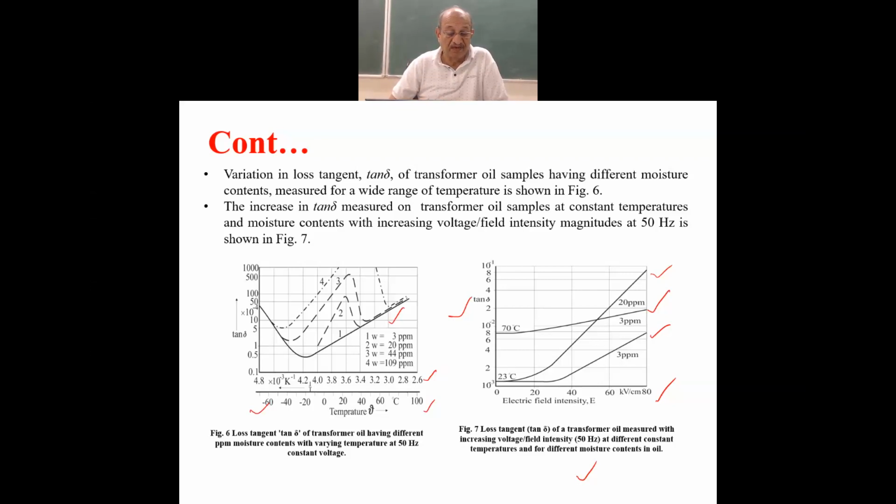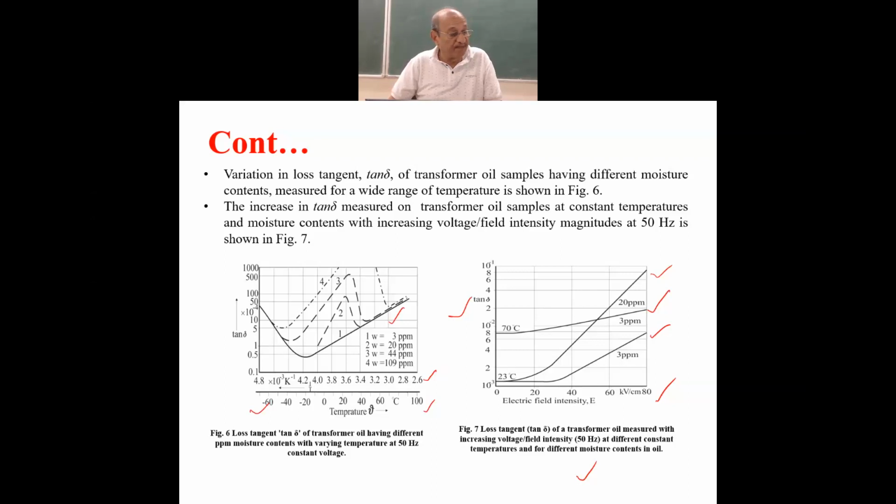As the moisture ingress is increased, you measure a higher tan delta, that means more losses will be there in the dielectric.